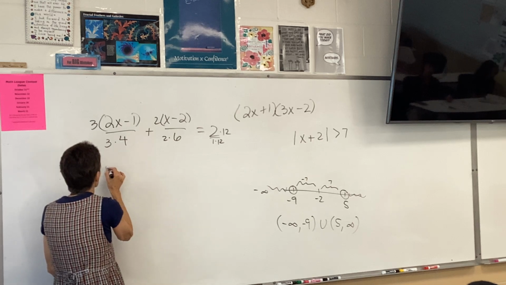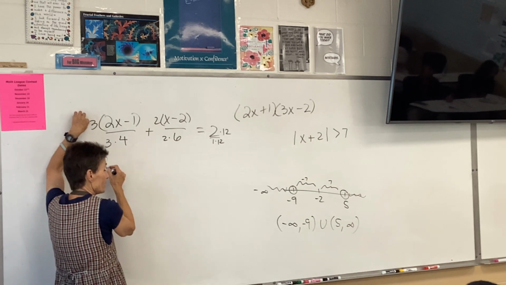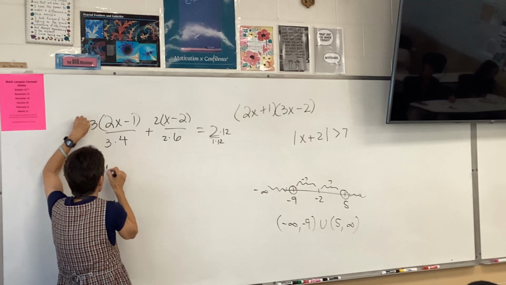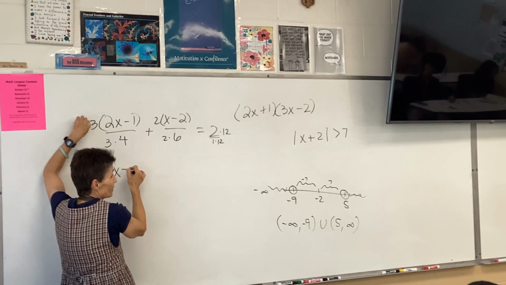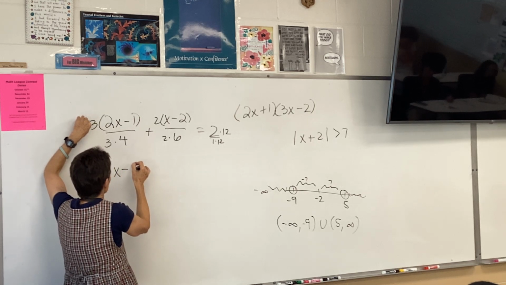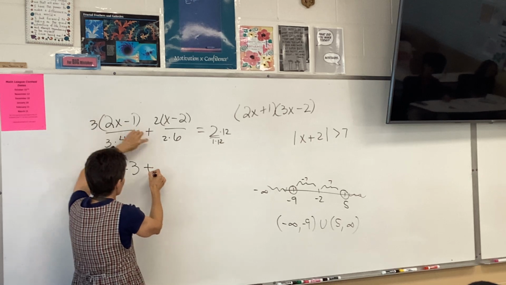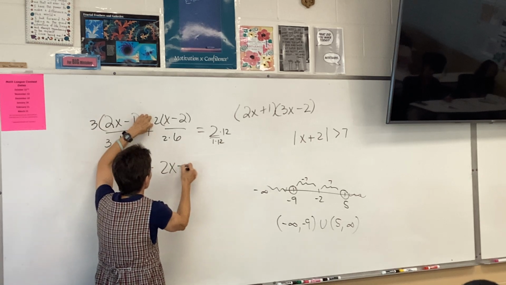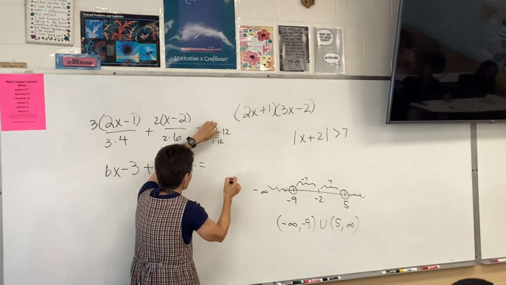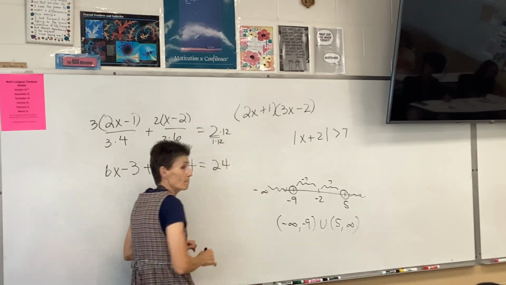So, tell me what my equation is going to be. 6x minus 3 plus 2x minus 4 equals 24.